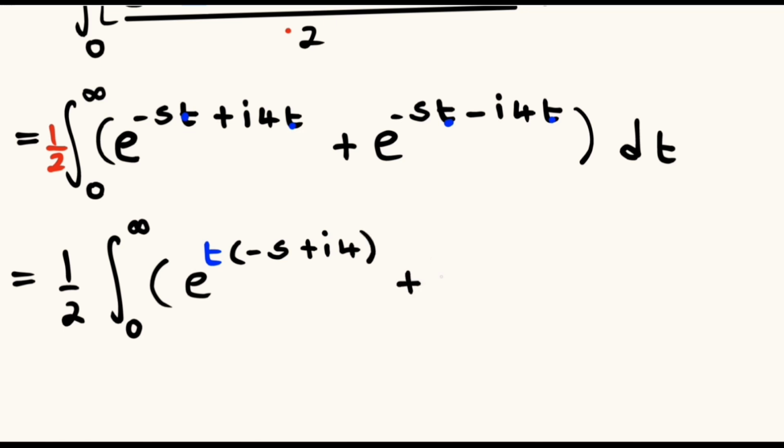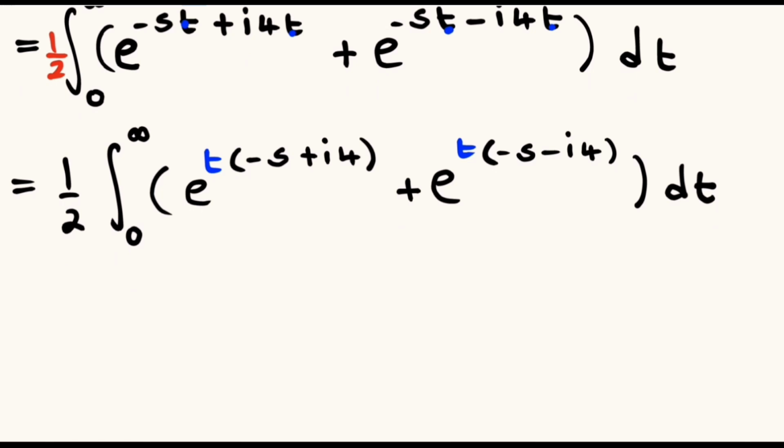4, plus e raised to the power t into negative s minus i multiplied by the 4. And we are integrating with respect to t.